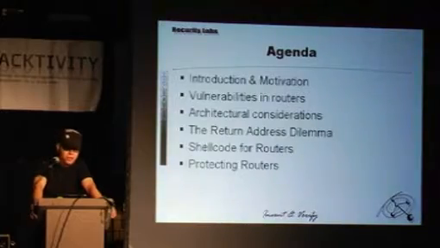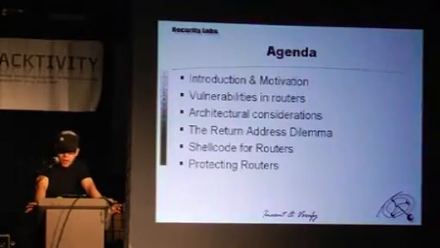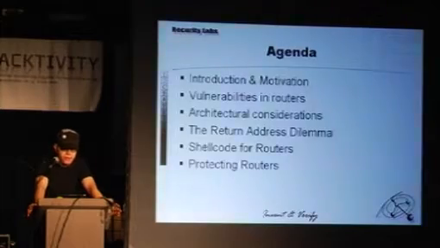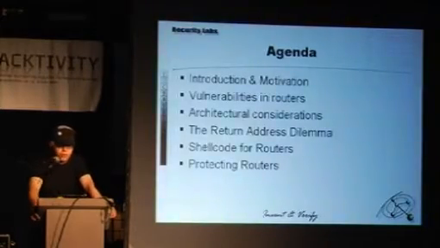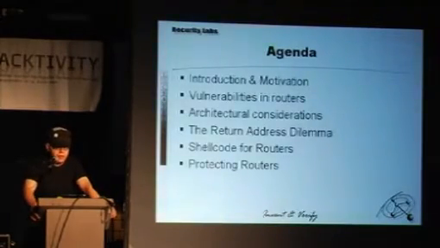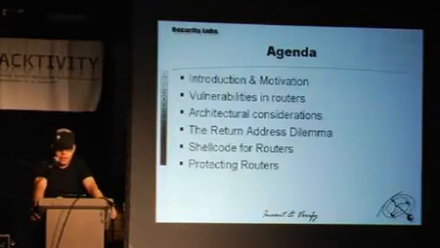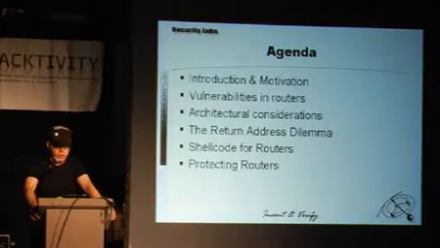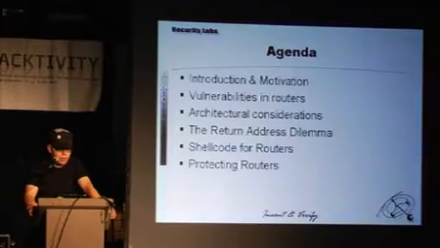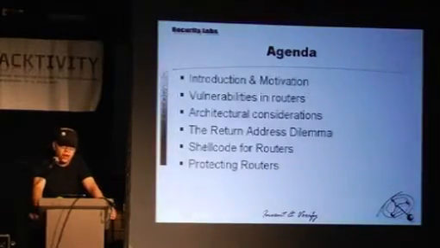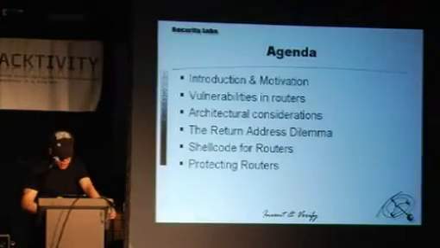What architectural considerations we have when we attack this, because they're significantly different from your common operating system deal. Then there's a certain dilemma on the return address of a certain exploit type. And I'm going to talk a little bit about shellcode on routers and how to protect them, although there's very little you can do there.